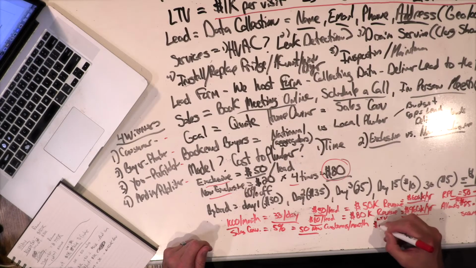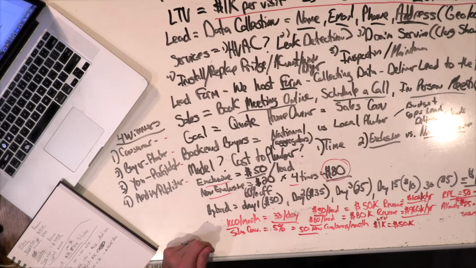On that first visit, if we have 50 new customers and the LTV is $1,000, that means the plumbers are going to make back $50,000. Well, in this scenario, what did you sell the leads for? $50,000. So right here, the plumbers have made back their money already.